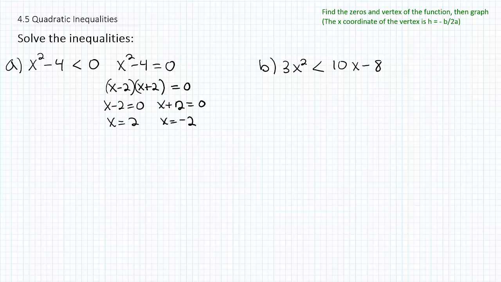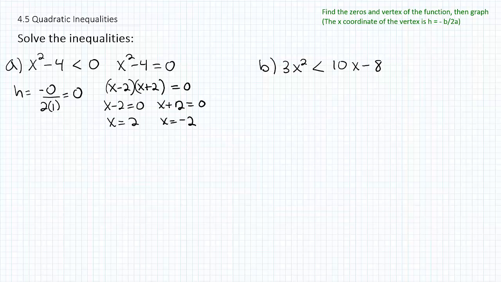Now, if you want to find the vertex of the function, you can simply do the negative b over 2a for the h part and then plug that in for the y part. So negative b over 2a, in this case, there's no b term, right? There's no x term. So we would say that negative b is just minus 0 over 2 times 1, and of course that'll give you 0.